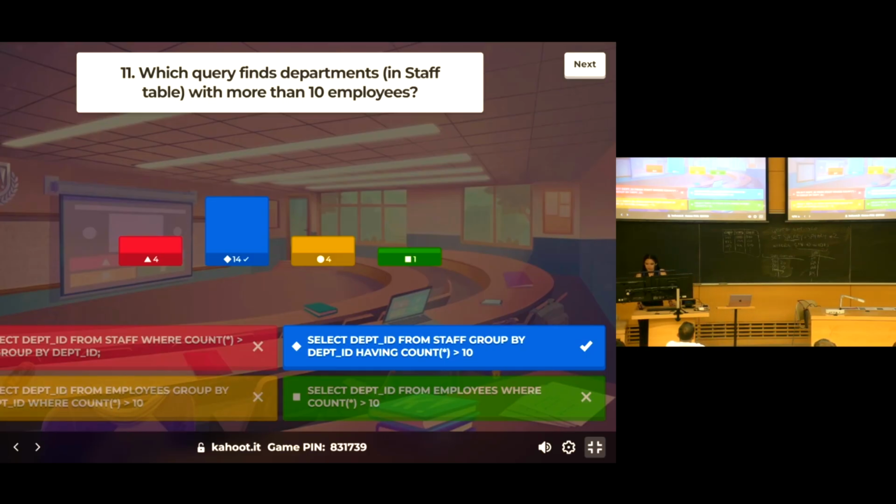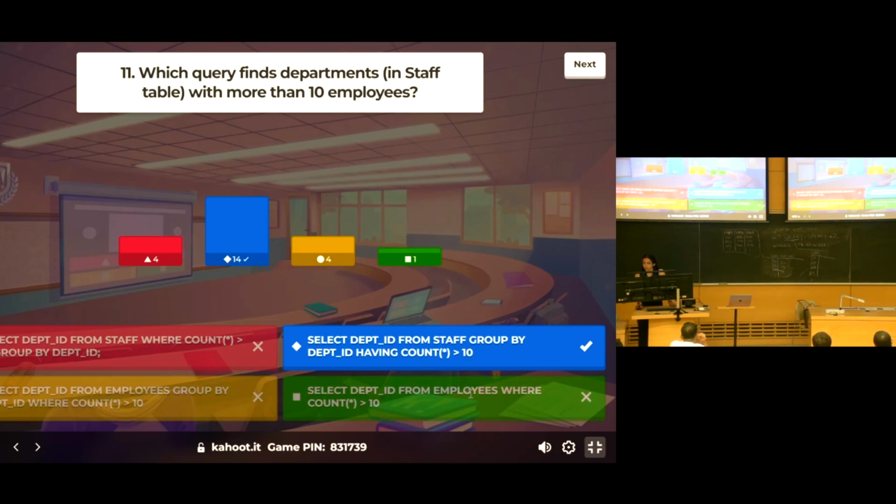And select department ID from employees group by department ID where count star greater than 10. We don't use where after group by, okay? Because this is after the aggregation, right? So where always comes before, whereas having always comes after.